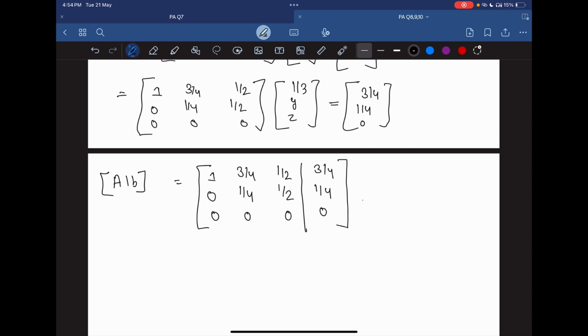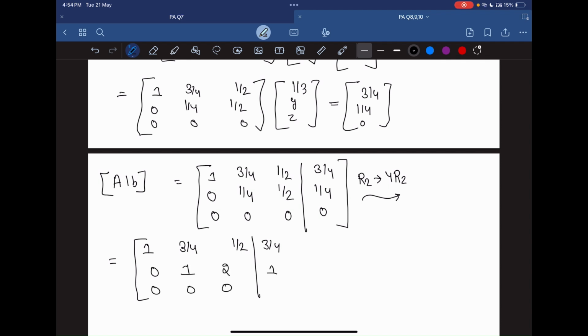If we try row reducing this matrix, first multiply the second row by 4: 1, 3 by 4, 1 by 2, 3 by 4, 0, 1, 2, 1, 0, 0, 0, 0. Now let's make this entry 0. So R1 minus 3 by 4 R2. So 1, 0, minus 1, 0, 1, 2.